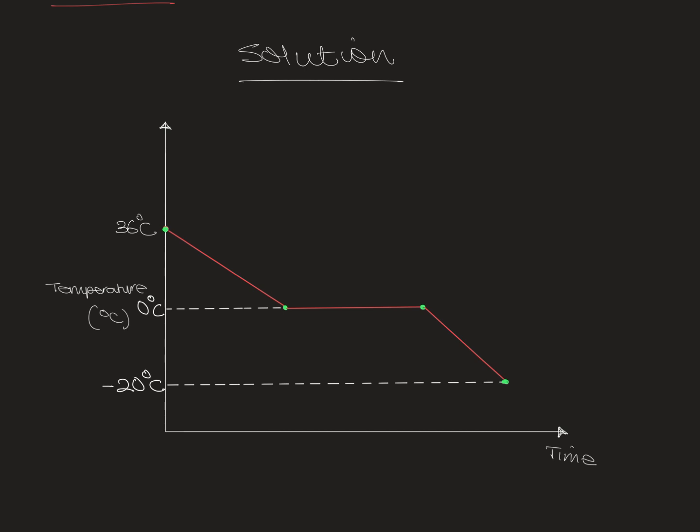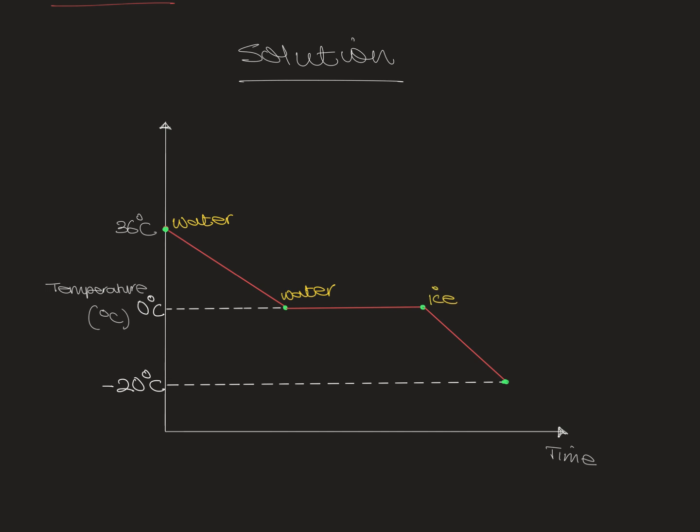So as you can see, this is how the cooling curve is to be drawn. Initially, we have water at 36 degrees Celsius that loses its heat to become water at 0 degrees Celsius. Then from water at 0 degrees Celsius, if heat continues to be extracted from it, it becomes ice at 0 degrees Celsius.